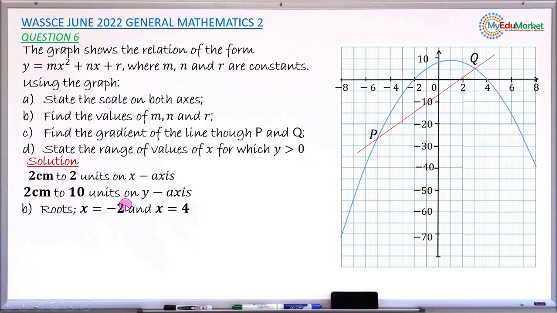If you take minus 2 to the left, you have x plus 2 equals 0. Similarly, if you take positive 4 to the left, you have x minus 4 equals 0. Multiplying the two, x plus 2 and x minus 4, the result will still give you 0. Expanding this correctly and collecting like terms, you have x squared minus 2x minus 8 equals 0.